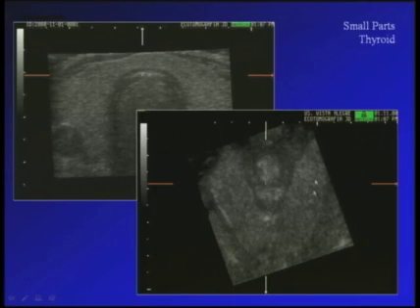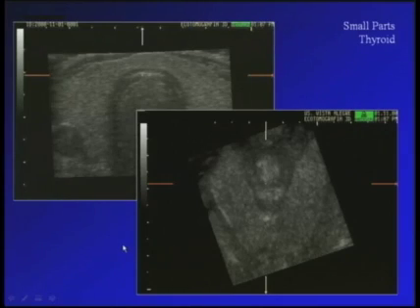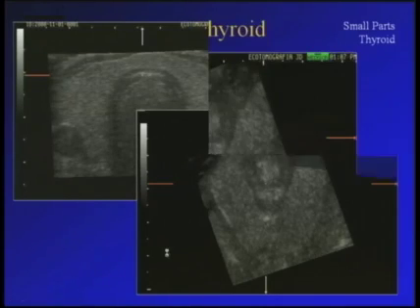This is a coronal view constructed by the computer, where we can see here the left lobe, again the isthmus, same patient, and also we can observe here the cartilage of the trachea. Again, this is the same image, and we can change the perspective by modifying our controls.